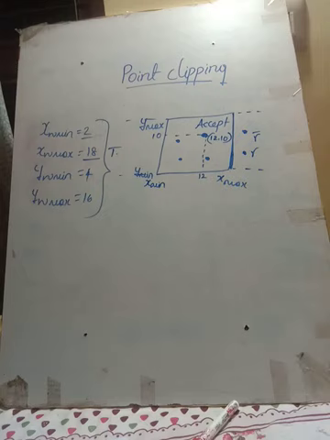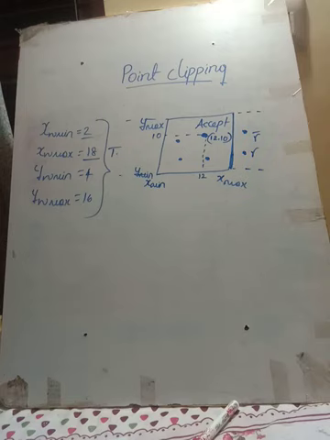Okay, this completes point clipping. Till now what we have seen is polygon clipping and line clipping. If you draw a line from within a window, we cannot say that the line will be within the window only, because to draw a line we require 2 points.